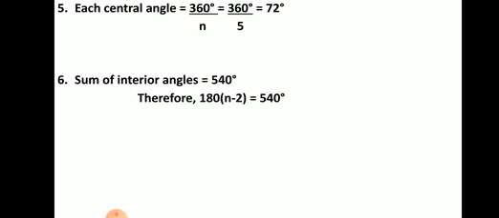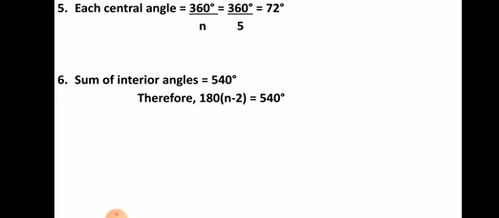Anything they have already given, even if they have given you the central angle and ask you to look for the number n, you can say 360 over n is equal to what they have given you, because 360 over n is the formula for the central angle. So just put the answer they gave you there, then look for n using mathematics.